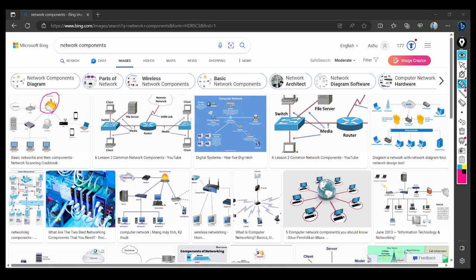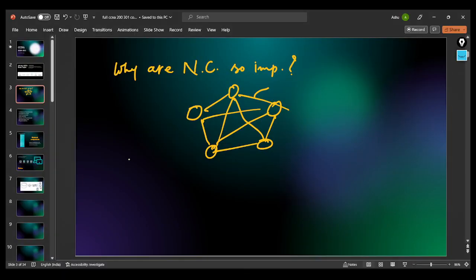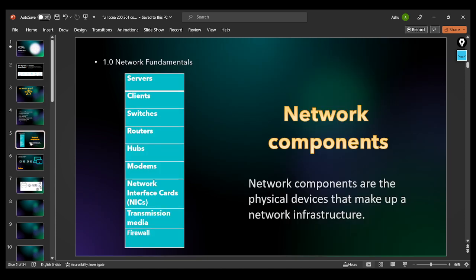Clear? So don't worry about the complicated zone. We are here, so don't feel fear to understand. Whatever we understand, we should check with the definition. The definition says: what are network components?